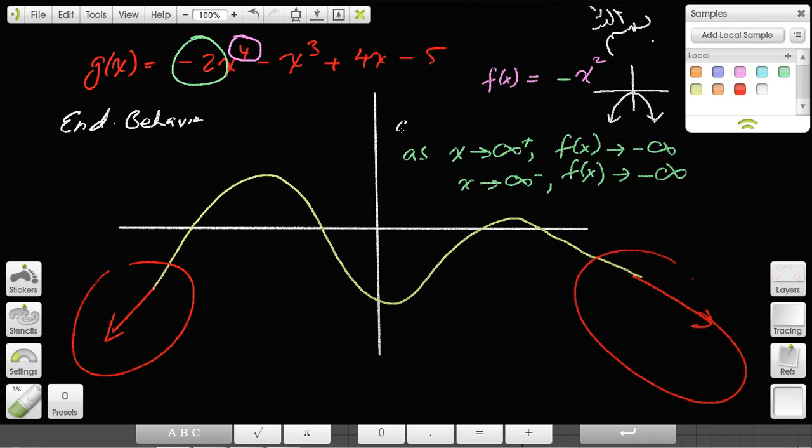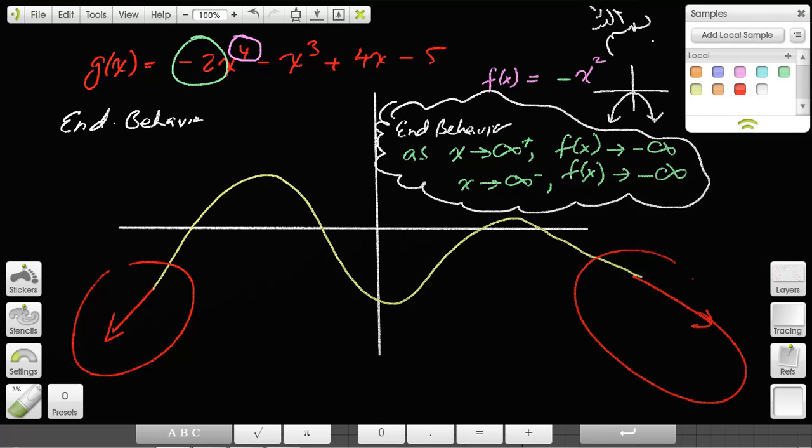So this is the end behavior of this function over here. Do you understand? So that's how you describe the end behavior. That's important in graphing these functions. And then for all of them you have to figure out what's going on in the middle.